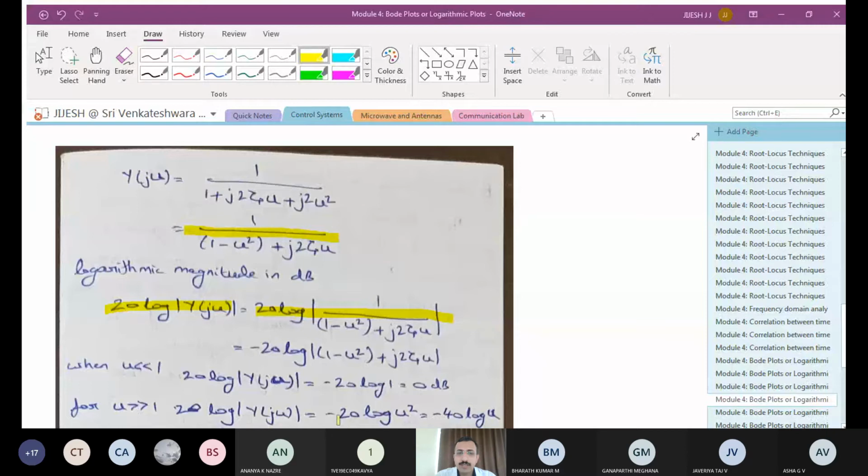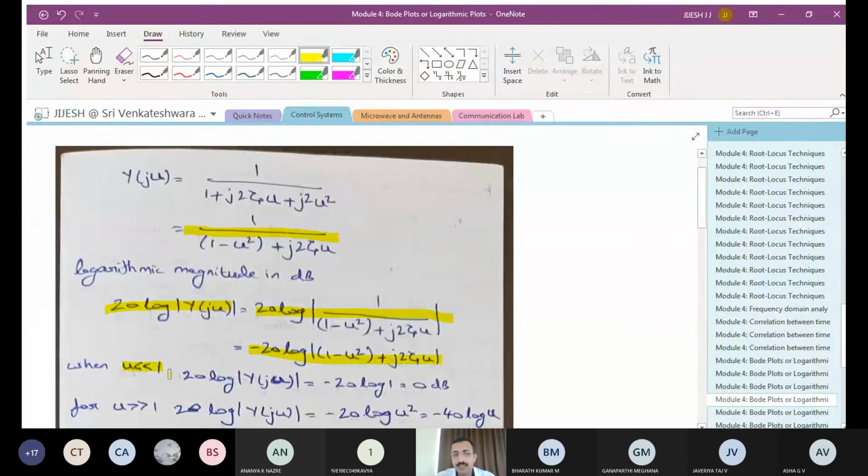Once you complete it, you have to proceed further. This function can also be written as minus 20 log of 1 minus u square plus j 2 zeta u, since it is in the denominator. As we have been discussing before, let me take the condition that u is less than 1.